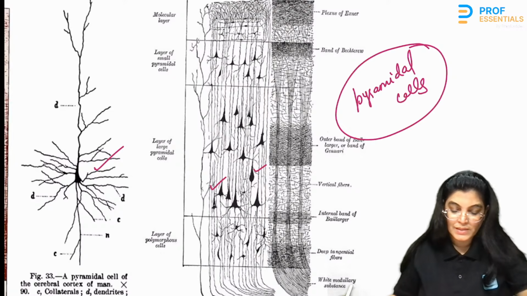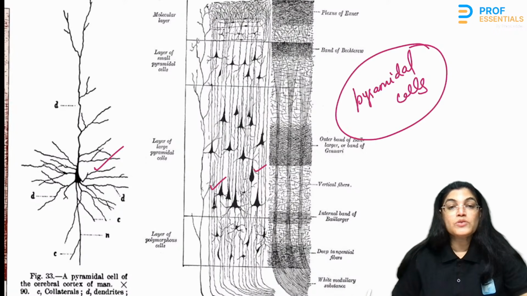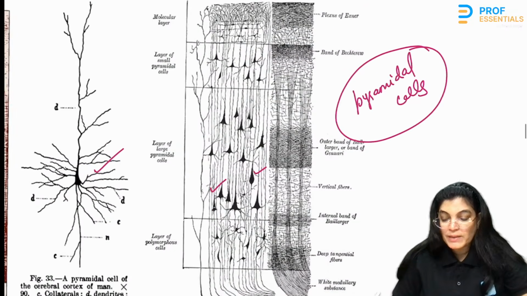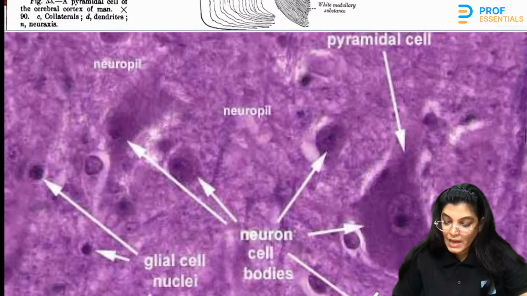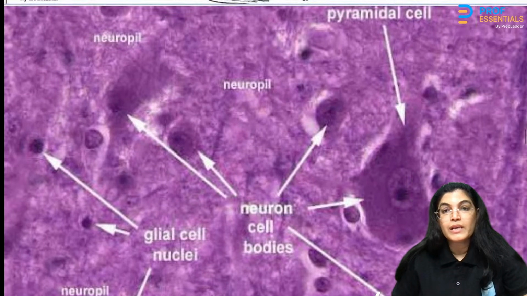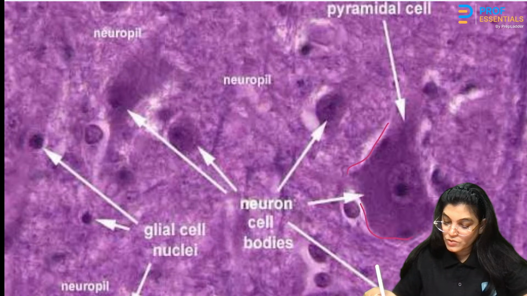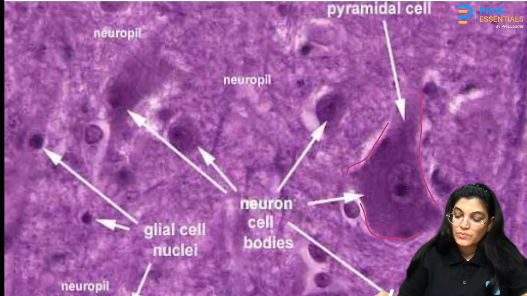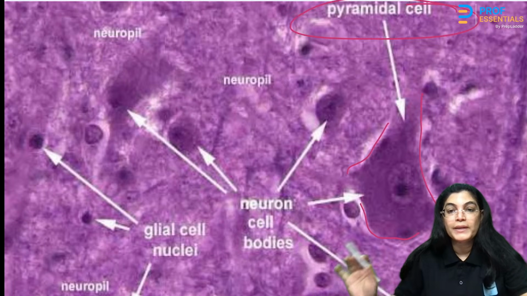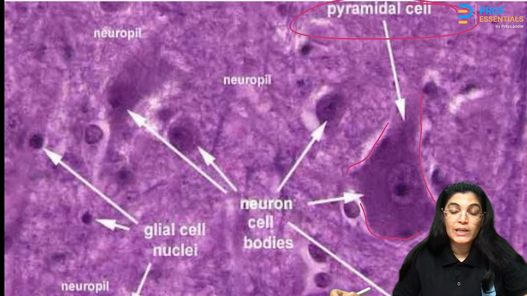I would like to show you a histological image where you can identify this pyramidal-shaped structure of the neurons. These are present in the cerebral cortex, and this is the example of the Golgi type 1 variety of cells in the cerebral cortex.